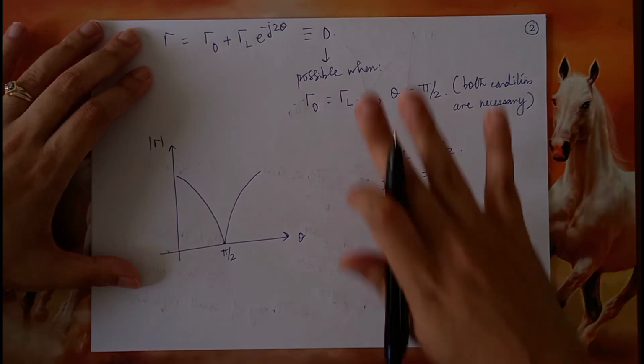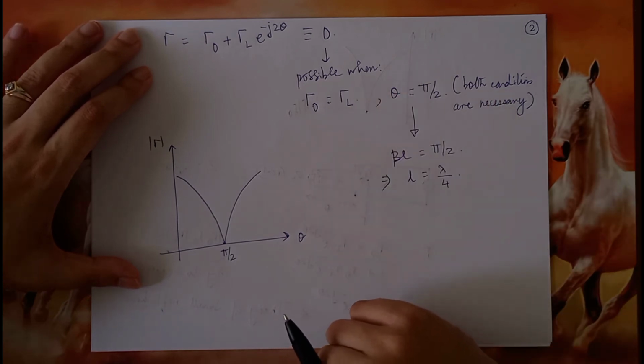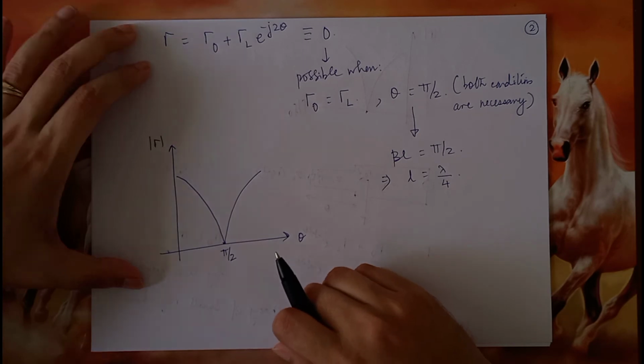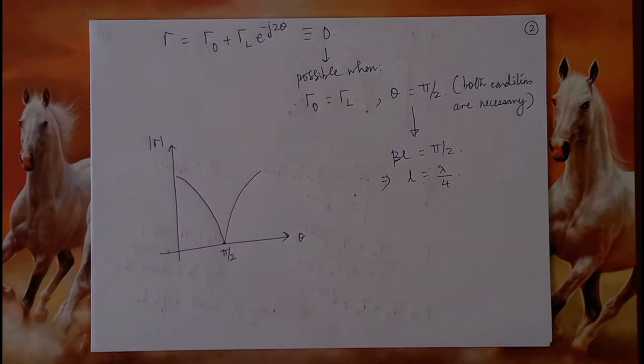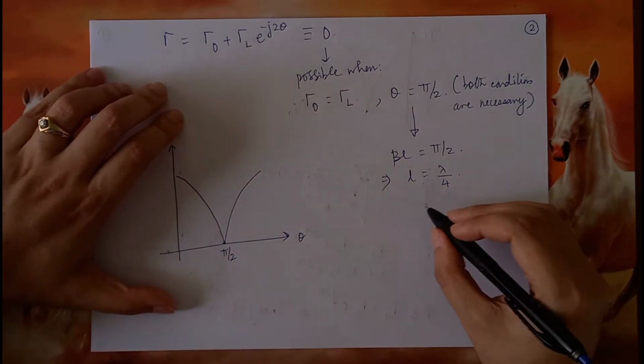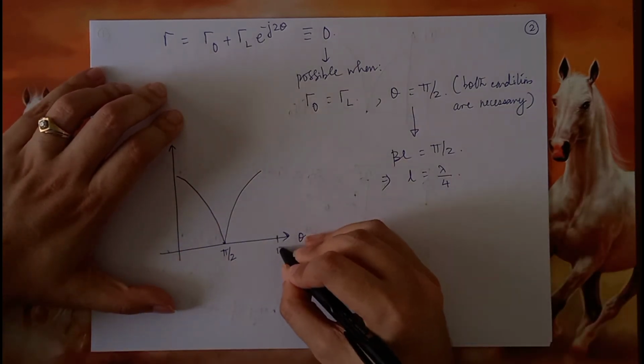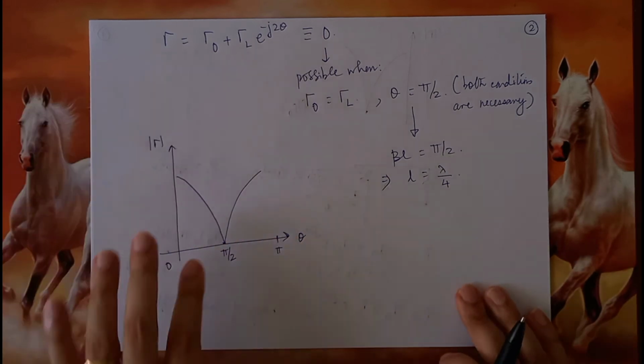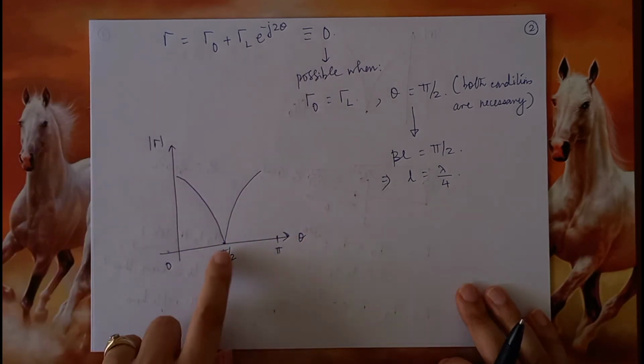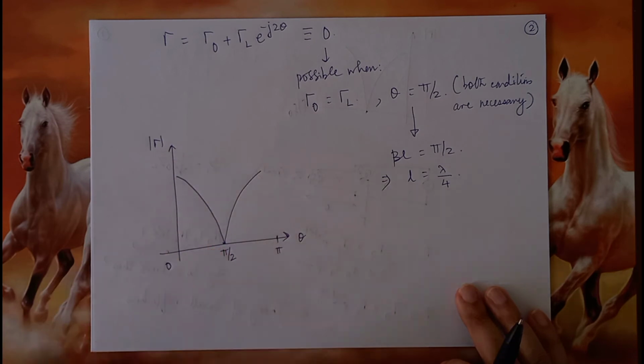Therefore, what we can say just by looking at this is that there exists one value of theta, at least in the range of 0 to pi. Let us say I'm plotting only in the range of 0 to pi. There exists one value of theta for which gamma becomes 0.